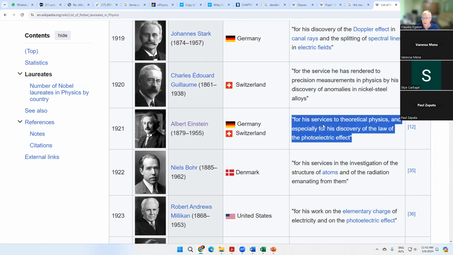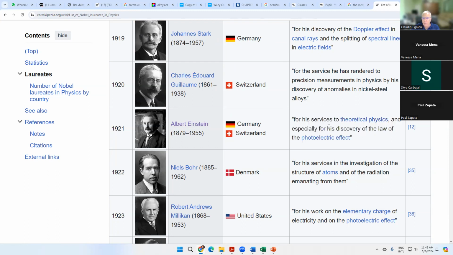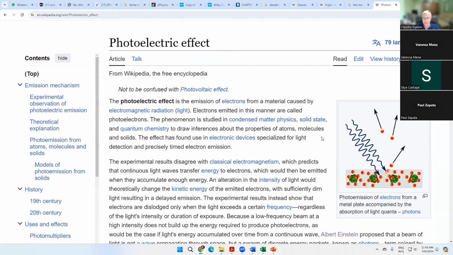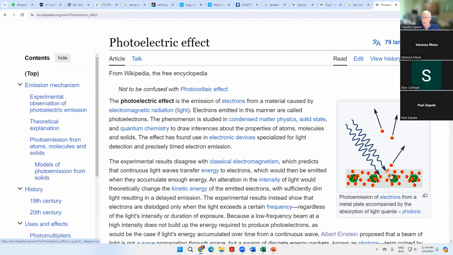The whole scientific community was very skeptical about the special theory of relativity, and now we teach that to our students. The only mention here is the photoelectric effect. That's it. The photoelectric effect, which is the ejection of electrons by light.